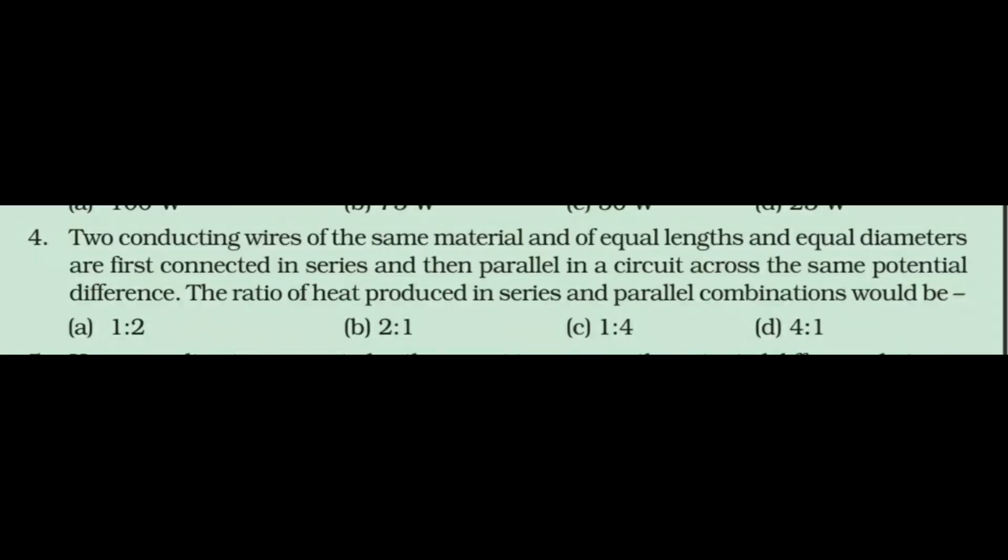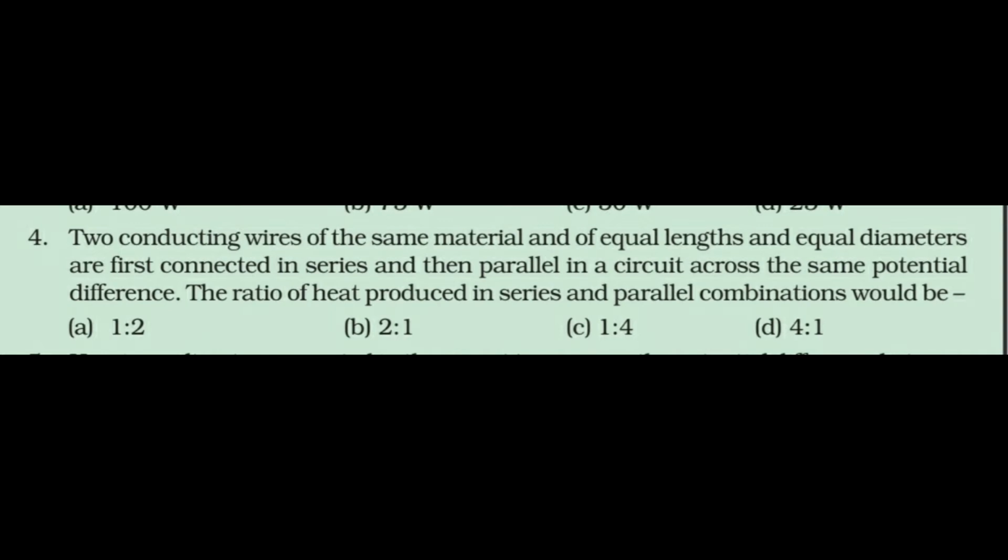Question 4. Two conducting wires of the same material and of equal lengths and equal diameters are first connected in series and then parallel in the circuit across the same potential difference. The ratio of heat produced in series and parallel combination would be, let us calculate.